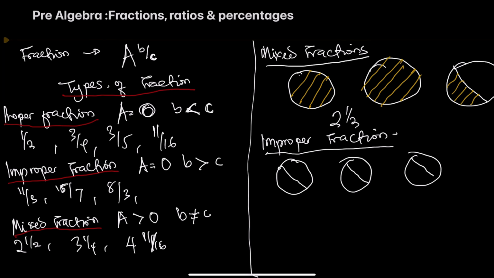So we decide to divide the pies into halves. And in this case, at first we decide to give John 2 parts.